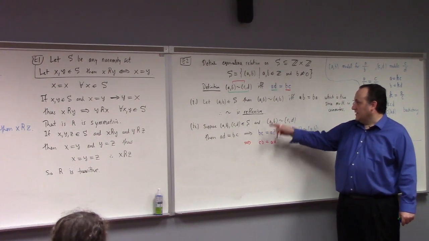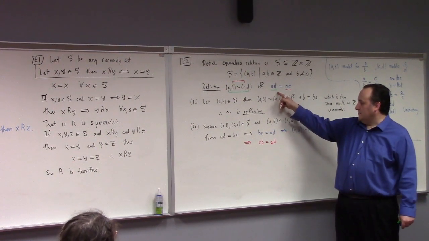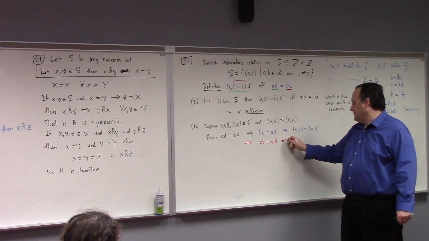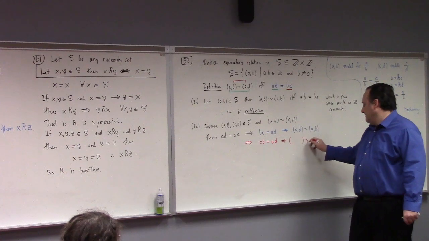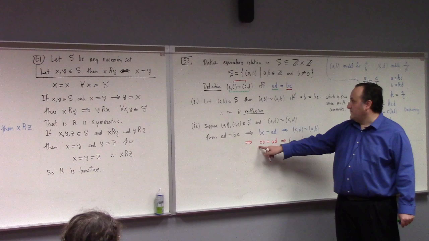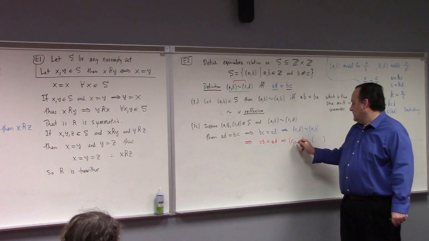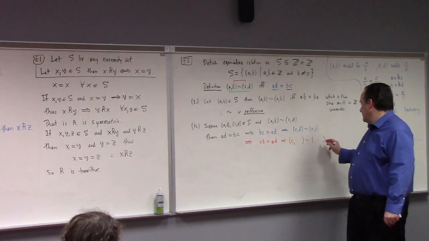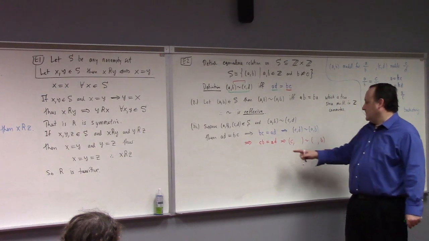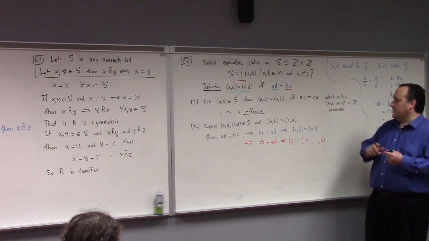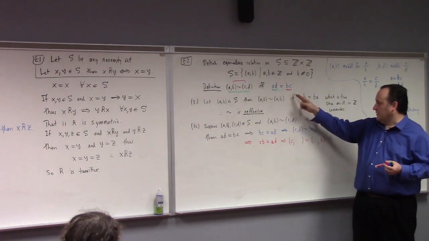So, you got to work backwards, right? AD, CB, so that's my... so this tells me the first and the last, and the other one tells me the middle one.